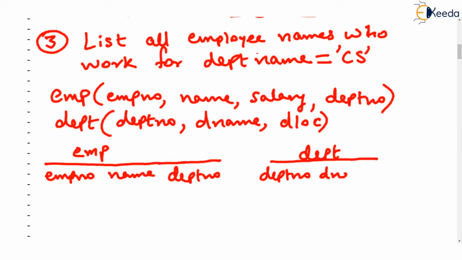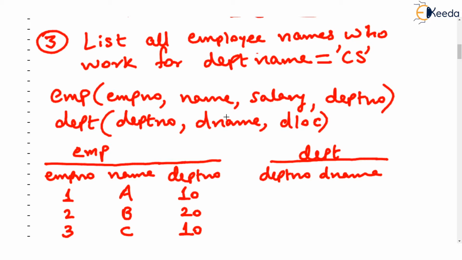I am not showing D loc just to save some space. Imagine three employees having employee numbers 1, 2, 3, names A, B, C, and department numbers 10, 20, 10. There might be lot of employees. I have shown only 3.